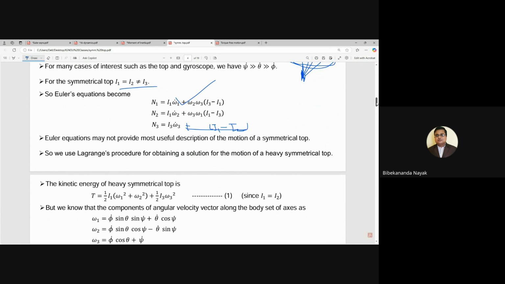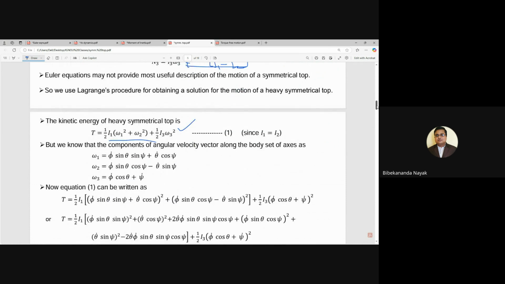Lagrange's procedure means we need the kinetic energy and potential energy, then we set up the Lagrangian. Kinetic energy of a heavy symmetrical top will be half I1 omega 1 square plus half I2 omega 2 square plus half I3 omega 3 square. Since I1 is equal to I2, I write it like this.